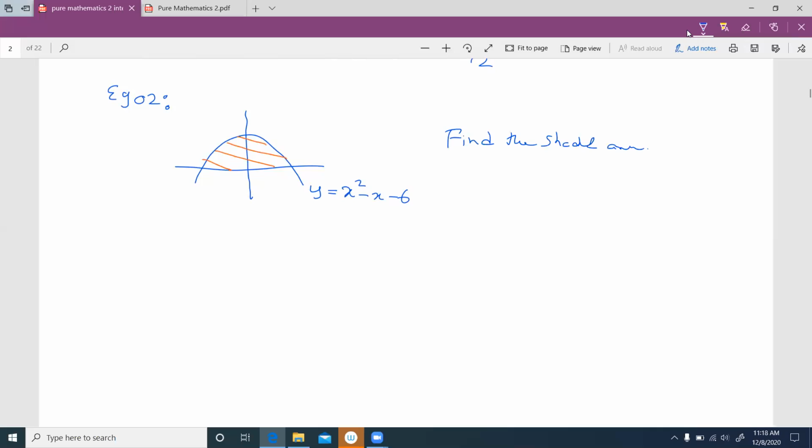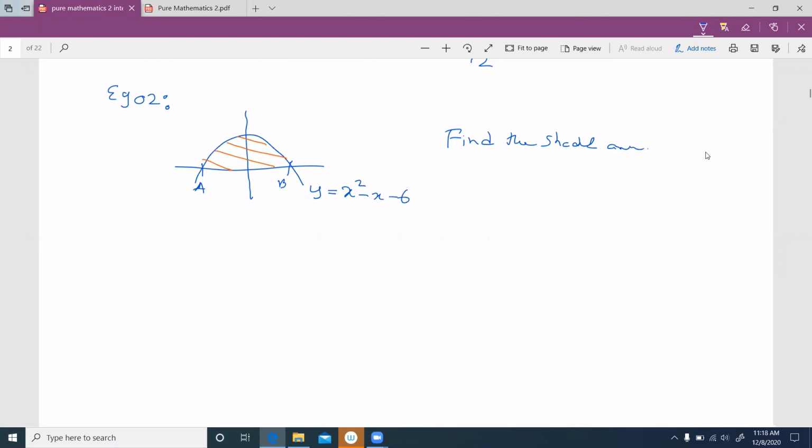Then how are we supposed to find the shaded area? But there's a small issue right now. We need to find what is the coordinate over here and what is the coordinate over here. Then how do you find these coordinates? I'll just label these points as A and B.